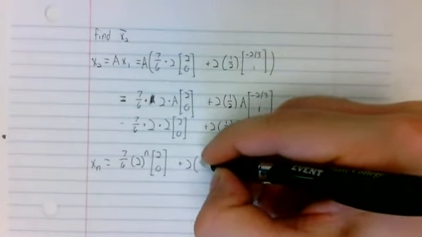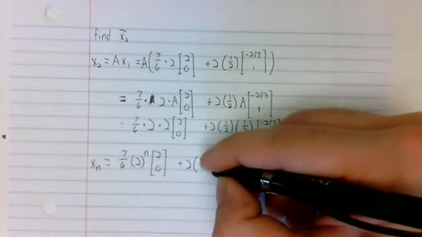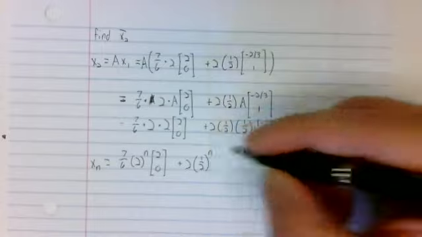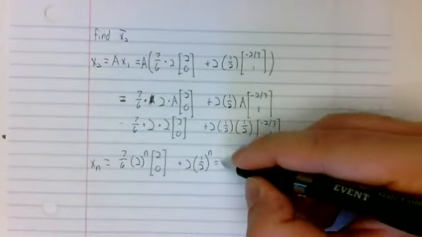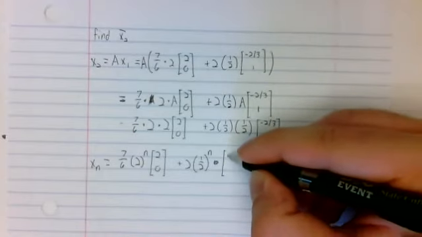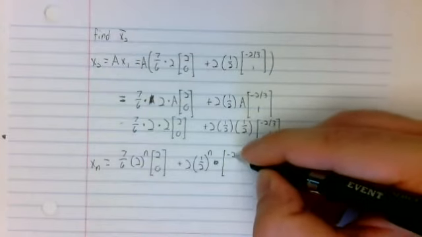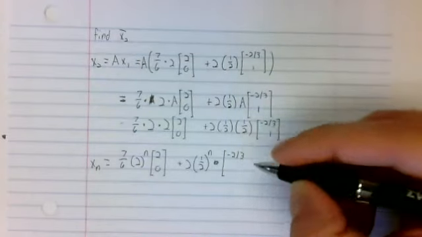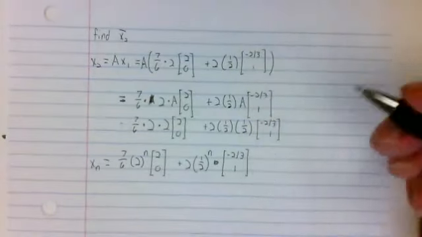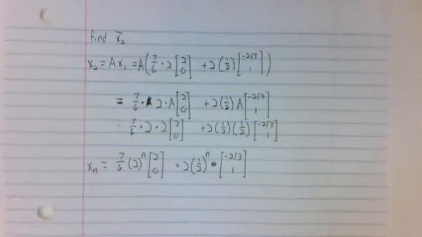So x sub n, written in a non-recursive form, that is, so that you can calculate it without calculating any other x's, is this.